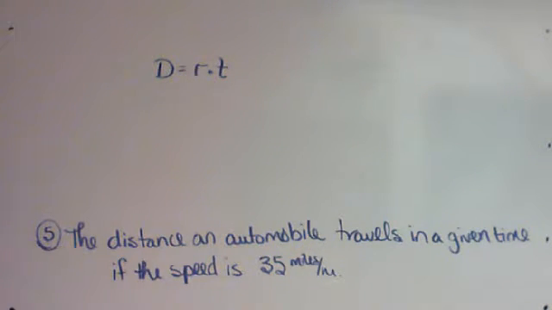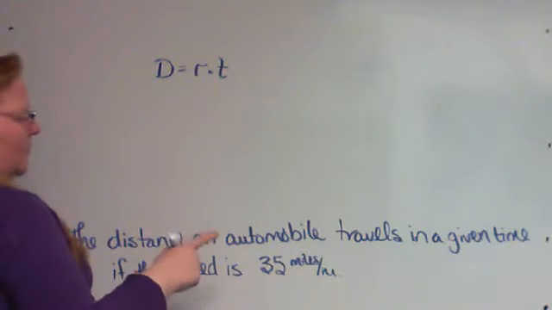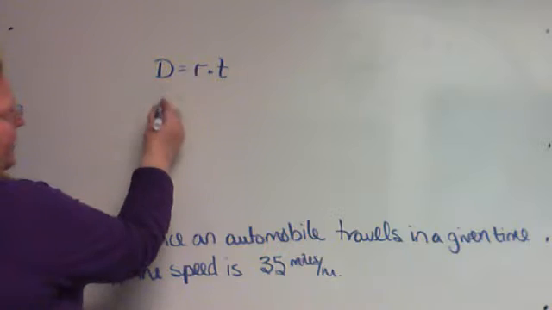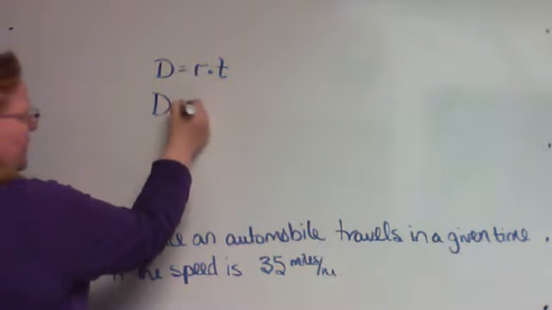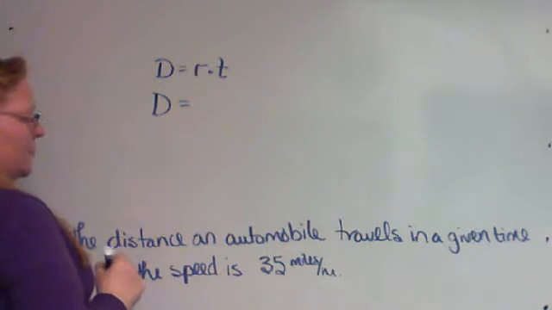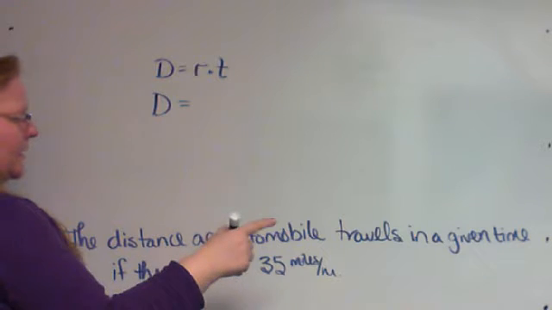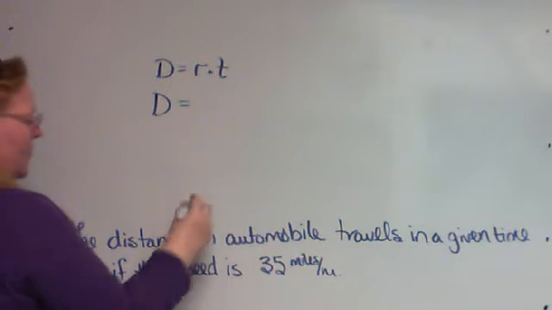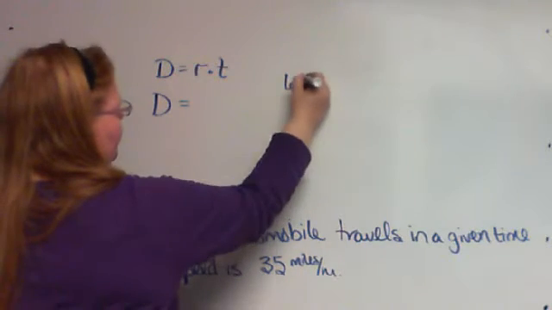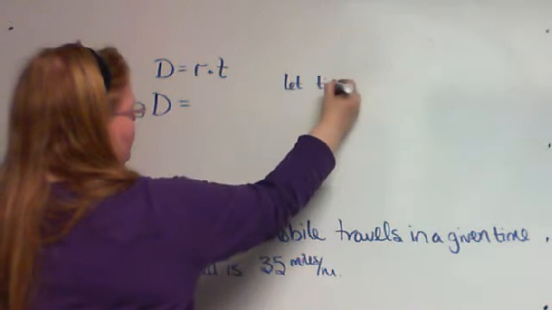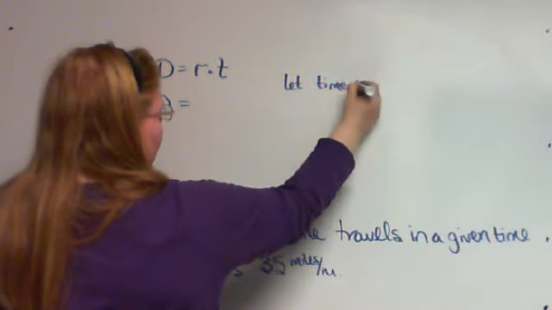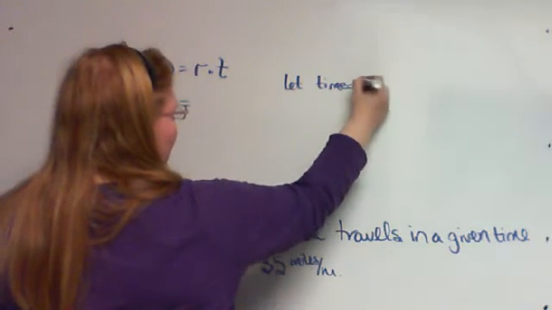They mean the same thing. Rate is speed. So the distance an automobile travels is what we're looking for. So that's our D, is equal to, in a given time, we'll let time equal T.